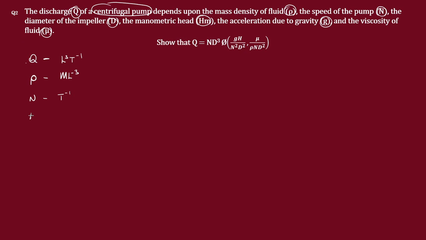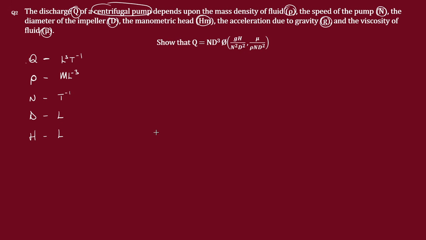The diameter of the impeller D, so this is a length as usual. The manometric head, so this is H of M, and this is going to have unit L. So if you remember from Bernoulli's equation, it is the sum of the pressure head, the velocity head, and the positional head.